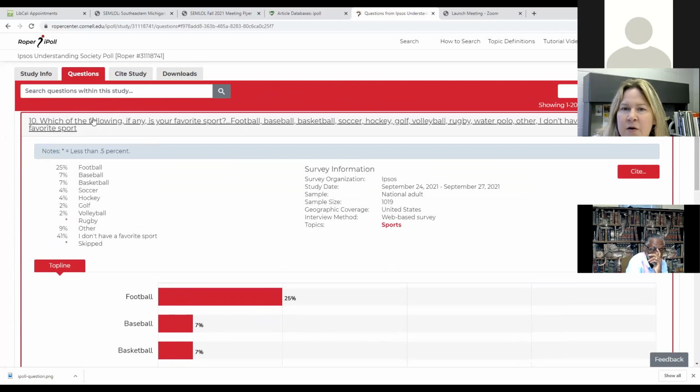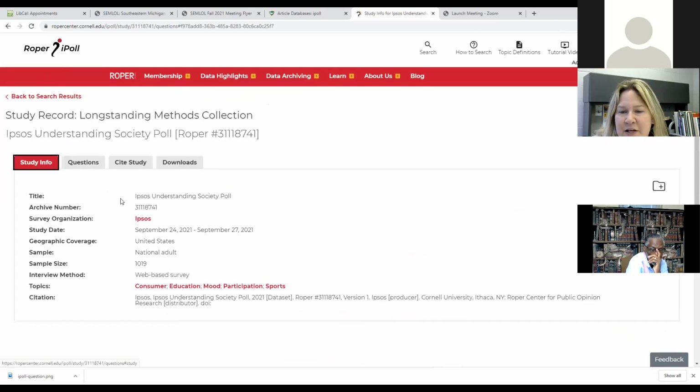We can look at the study info with this tab over here on the upper left, study info. And that tells us information about the poll. Ipsos, I believe, is like a market research kind of a place. It tells us when it was conducted. National adult, so it was a national poll, and the sample size. And this is interesting: this was a web-based survey.